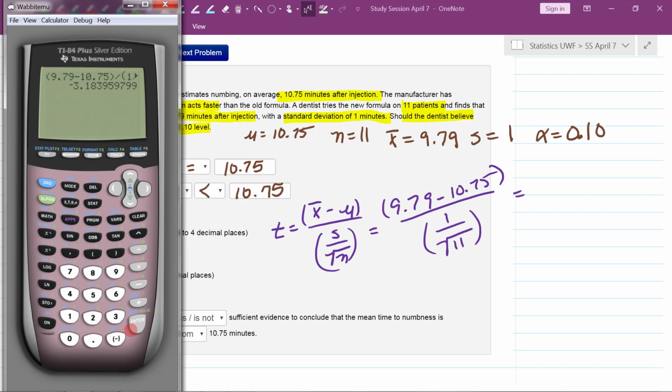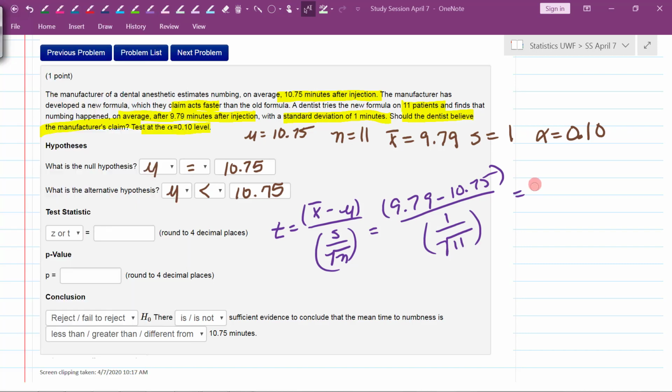Okay, so I ended up with a test statistic of -3, how many decimal places? Four. So -3.1839. The 9 is going to round up to 10, so it's going to be -3.1840.